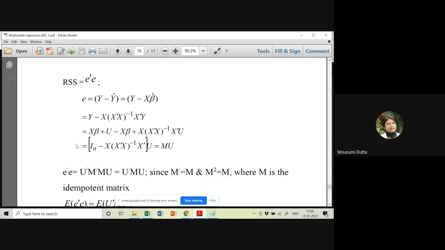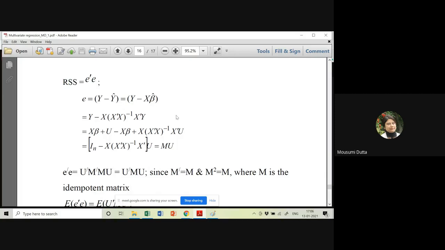Now this y can also be presented as x beta plus u, and this y is also x beta plus u. So if I replace both the y values by x beta plus u, we get x prime x inverse x prime, x beta plus u.